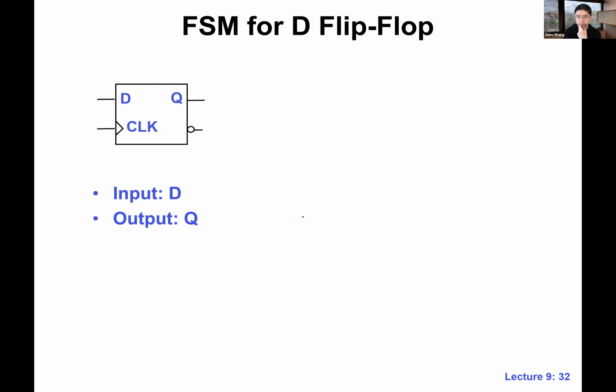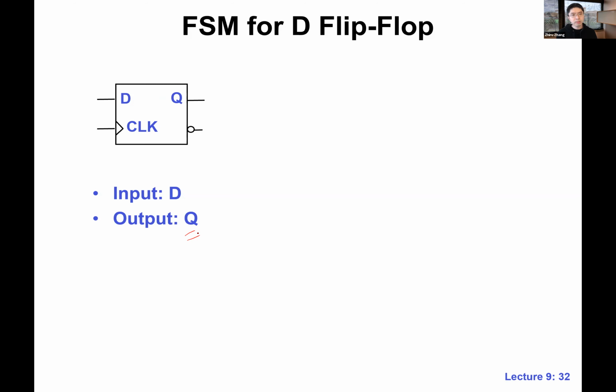Output is Q. Okay, I'm getting mixed signals here. It's good that we have some divided opinion, so this is gonna trigger a lot of interesting discussions. So what is the output here? Q, right? And Q equals what?